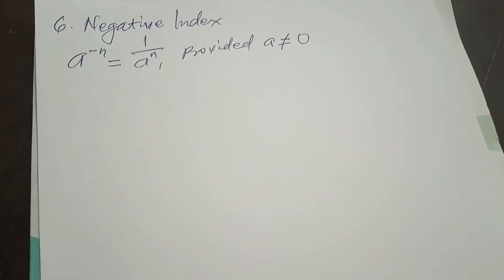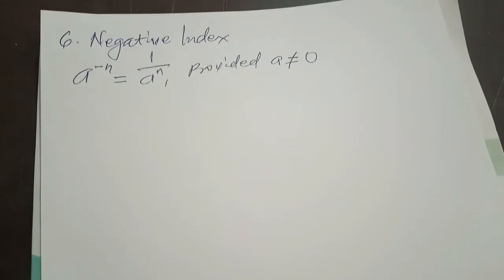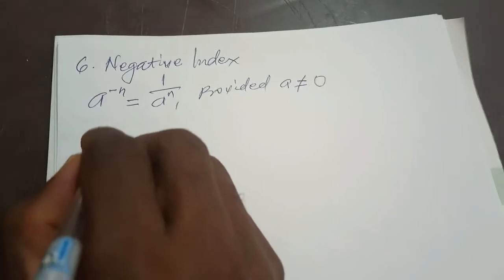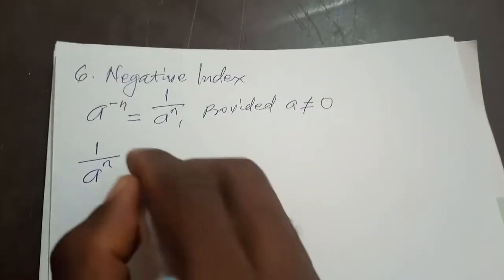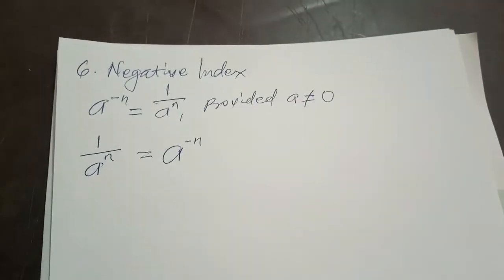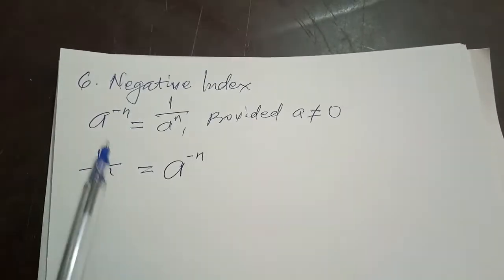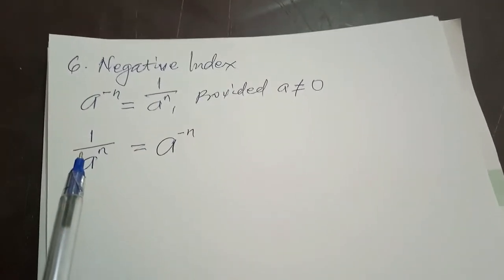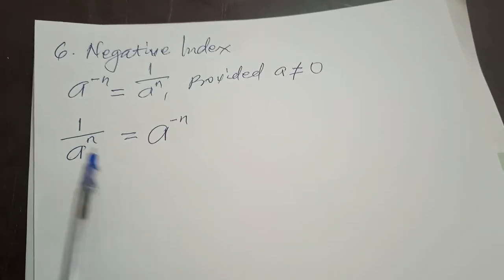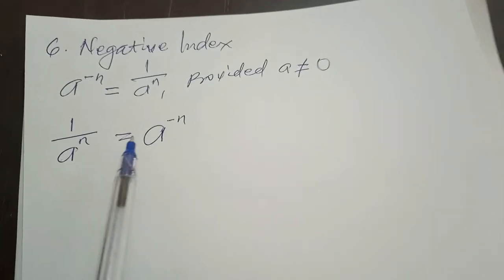And the other way around is also true. If you see a exponent n, you can also write it as a exponent negative n. Meaning that if you have 1 over a number carrying an exponent, if you don't want to write it as a fraction, then you can write the denominator alone and negate the exponent. It will still mean 1 over that.